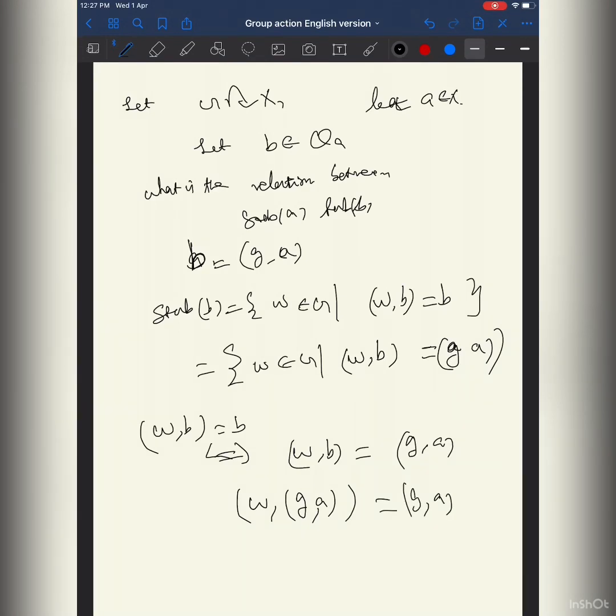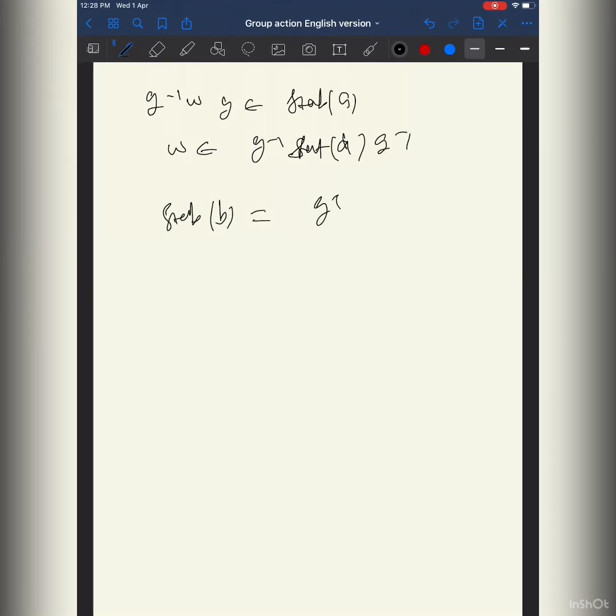Replacing wherever g is there, then what happens? g inverse wg·a equals a. So that means g inverse wg belongs to the stabilizer of a. That implies w belongs to g times the stabilizer of a times g inverse. That means the stabilizer of b is conjugate to the stabilizer of a.